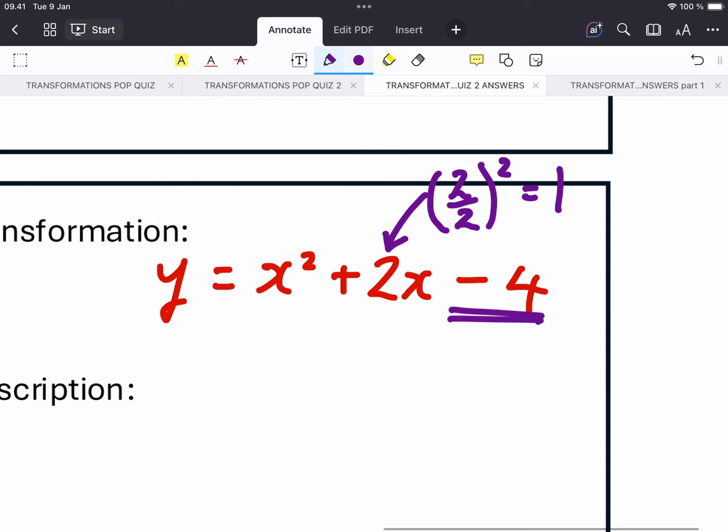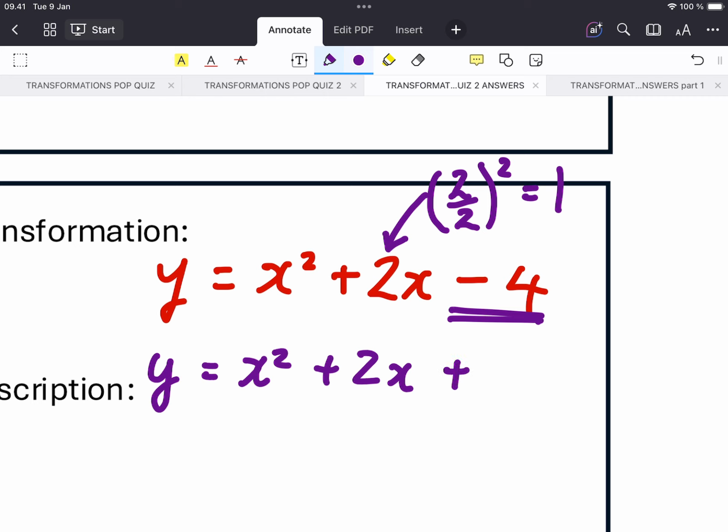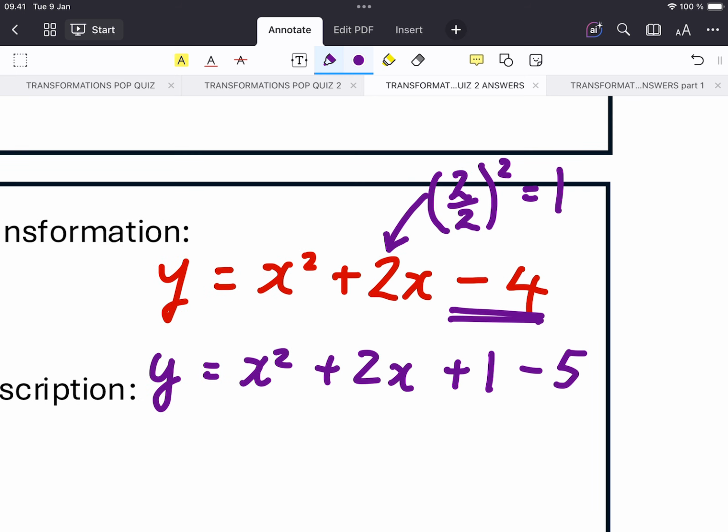So I'm going to rewrite that as y equals x squared plus 2x. Then instead of -4, I'm going to write +1 minus 5, so that it's something involving the 1. Now the point of doing that is that this bit here becomes a perfect square.